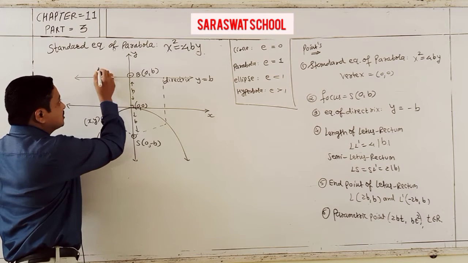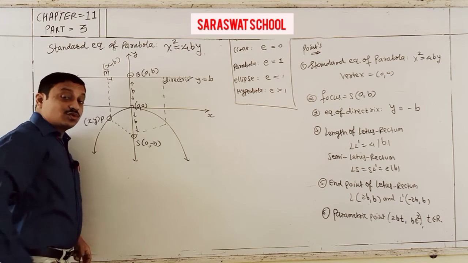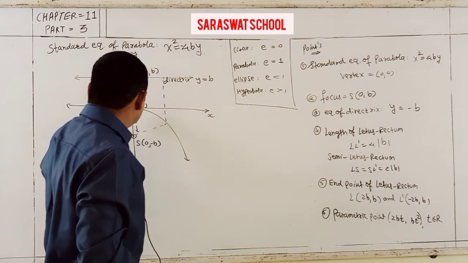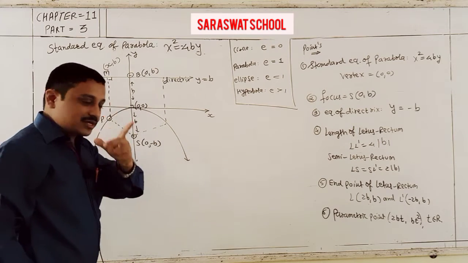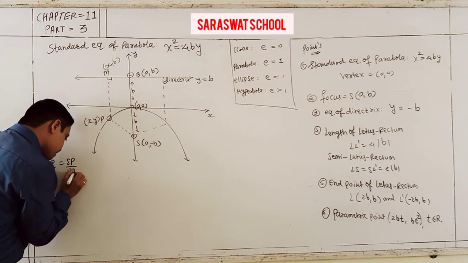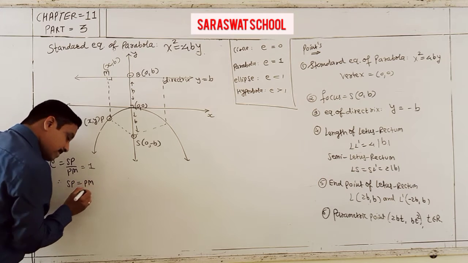And here the M point, y coordinate is b fixed, but the x coordinate is unknown, because I travel some distance here x, this is also x distance. Now same, taking eccentricity e, SP by PM is 1, so SP is equal to PM.